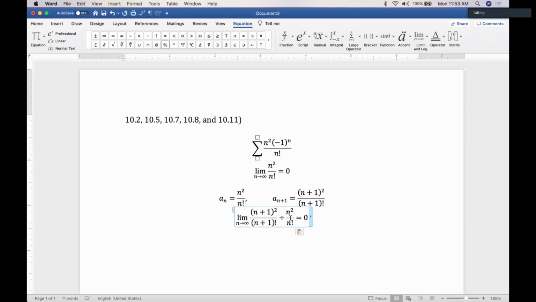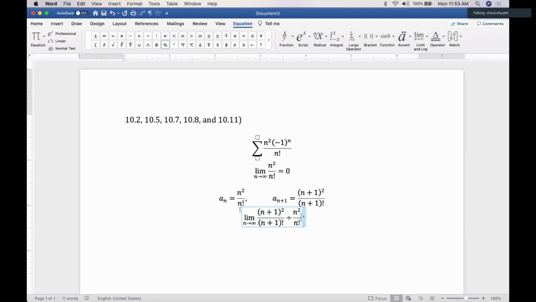What do we do next? Write it as multiplication. By the way, it does not equal 0.